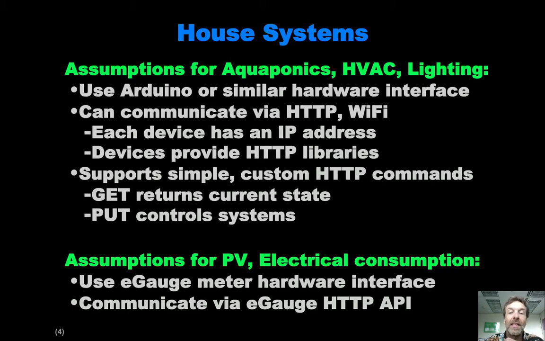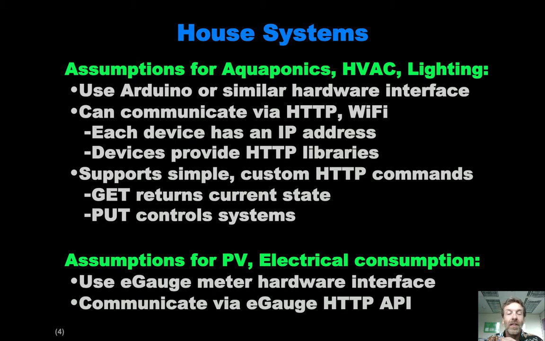And that means all these devices are going to have an IP address, and that a given device should probably come with some already built library code for dealing with the HTTP protocol. And if it does that, then it's pretty simple for us to provide the communication mechanism, because as long as HTTP is provided, then the actual commands to get state and do various controlling actions are quite simple.